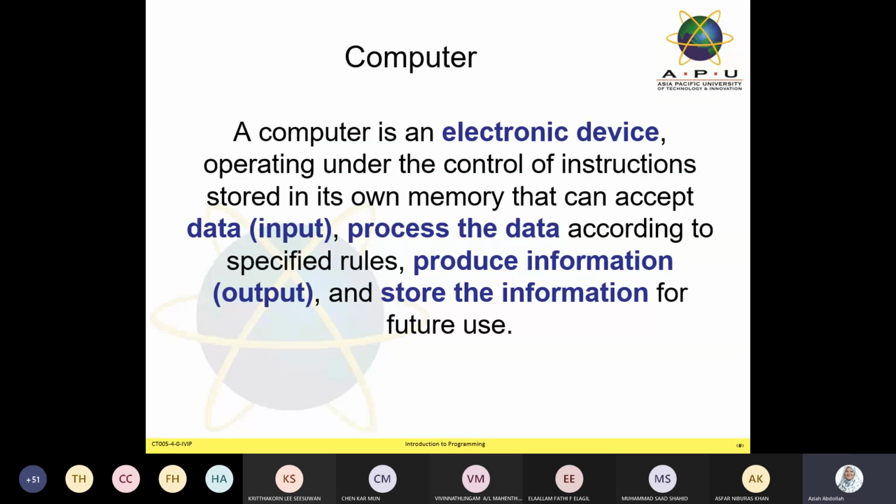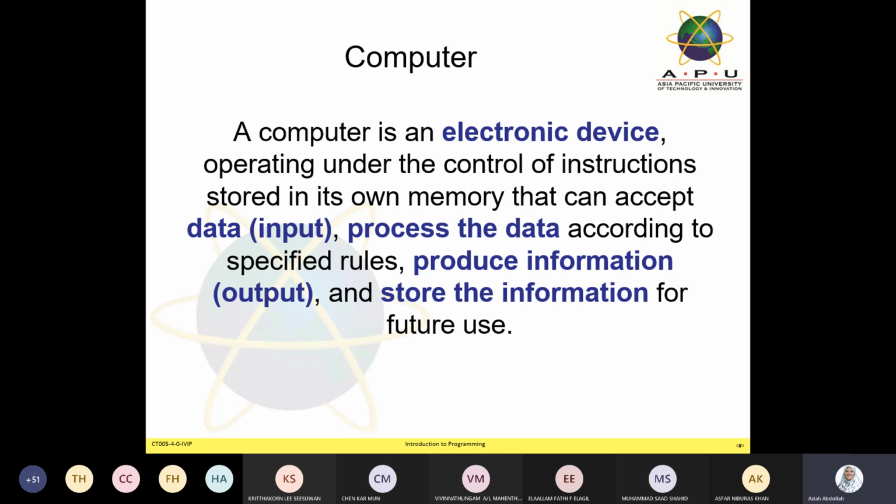So a computer in an actual definition, in fact, is an electronic device that operating under the control of instruction that store in its own memory, that can accept data, which is our input, and then can process the data, okay, process the input according to some specific rules and produce the information, which is the output. And it also can store the information for the future use. So that is a computer.